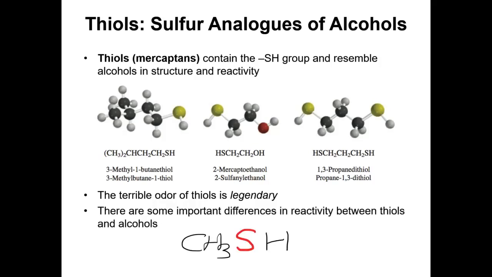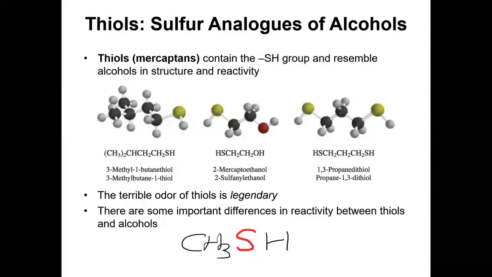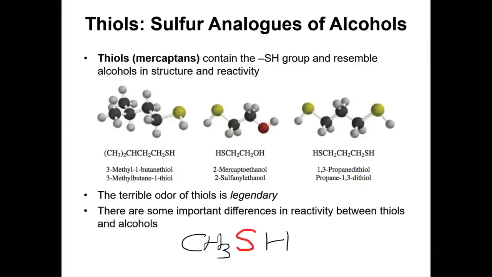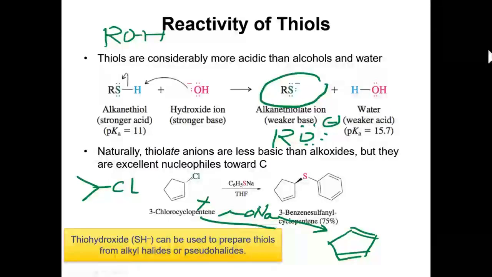Although the structure of the thiol is pretty much similar to alcohols, there's some important difference in reactivity between thiols and alcohols. First, thiols are much more acidic than alcohols. I hope you recall that for alcohols the ballpark pKa is about 16.